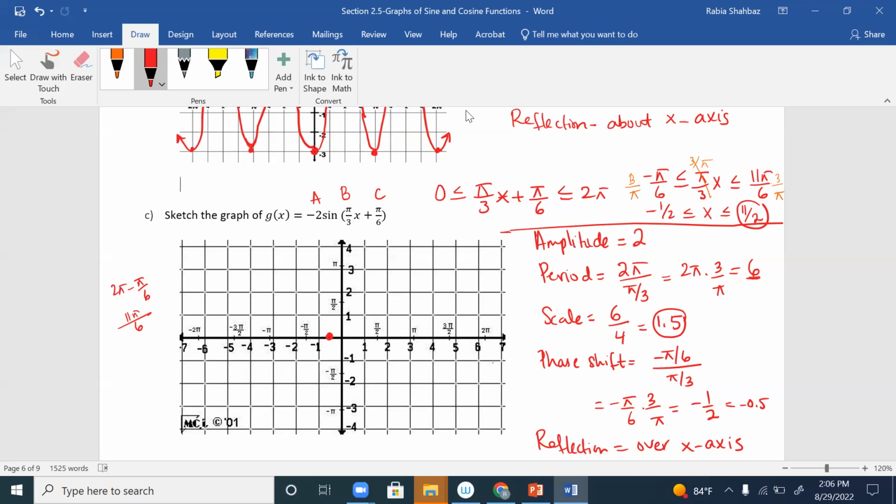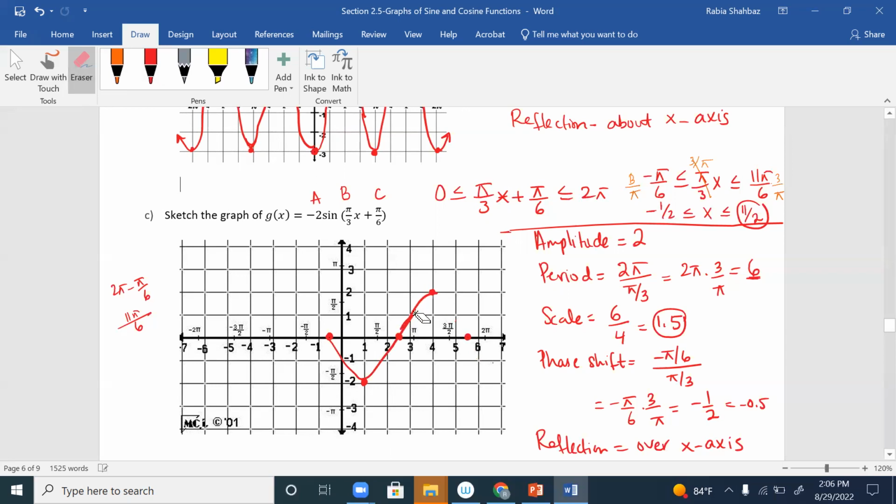So since it has a reflection, I'm going to go down first. After 1.5, at 1 it's going to be at negative 2, and at 2.5 it's here, and at 4 is going to be at the maximum, and then at 5.5 is going to be back to 0. This is really just one cycle of this sine function.